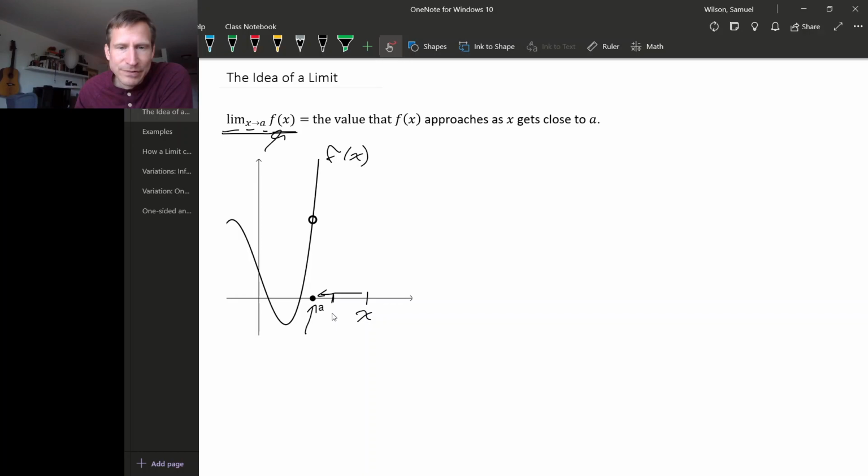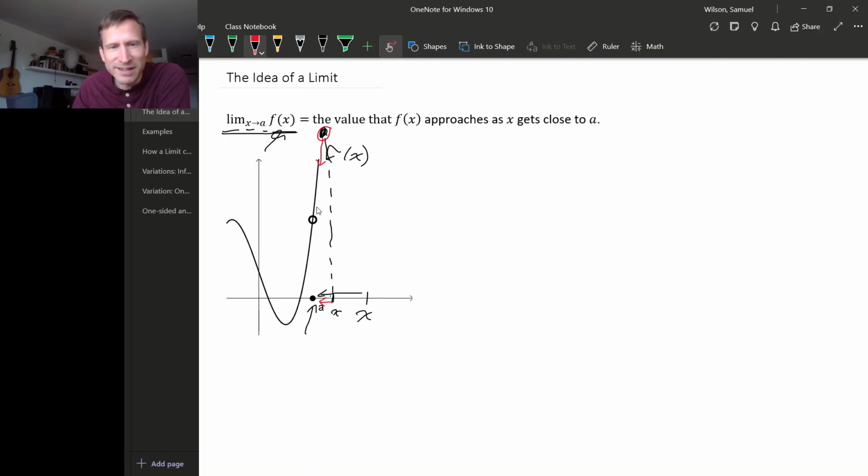If x is over here, the value of the function at x is way up there somewhere, but we're going to slide x towards this fixed number a. As we do that, the spot on the graph corresponding to x is going to slide along the graph.